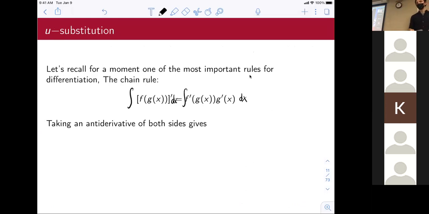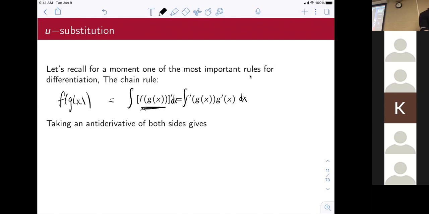I'm just integrating a derivative. So what should I get back? The original function, exactly. The very original thing that I first took the derivative of and then integrated, that's what I should get back. So when I integrate the left, I just get f of g of x.